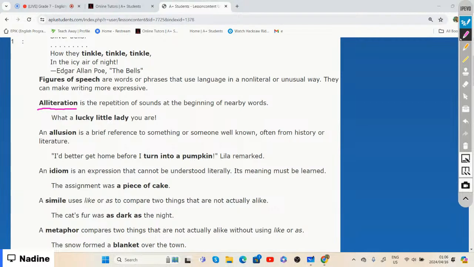And alliteration is the repetition of sound at the beginning of nearby words. So it is repeating sounds at the beginning of nearby words.